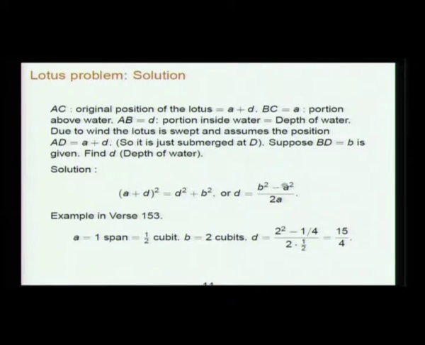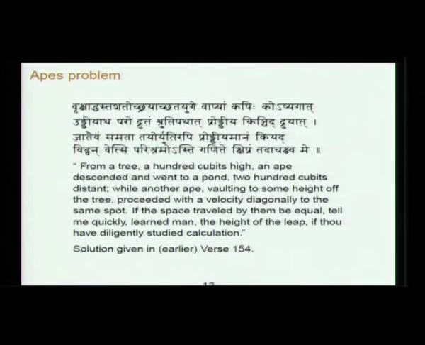So, d is equal to (b squared minus a squared) by 2a, and a is one span. Suppose a is one span, half cubit, then b is 2 cubits, given to be so, depth is 15 by 4. So, it is a simple application of the right angle theorem. Then again it comes to the ape problem.